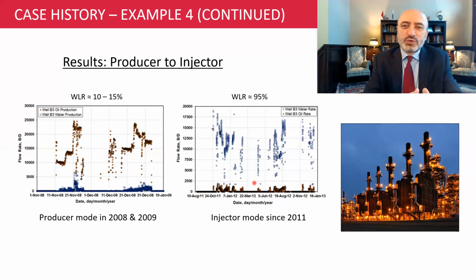So once we clarified this point to the operator, they did not see any need to optimize the flow measurement system, because they understood that the total flow rate, which is the sum of the water and oil flow rates, was equal to the injection rate.